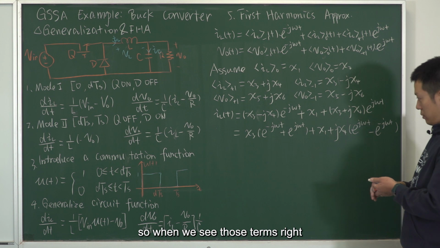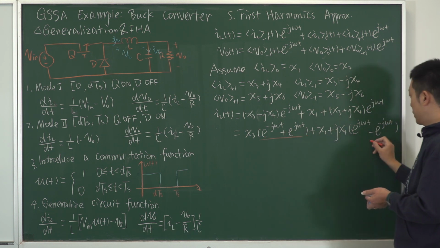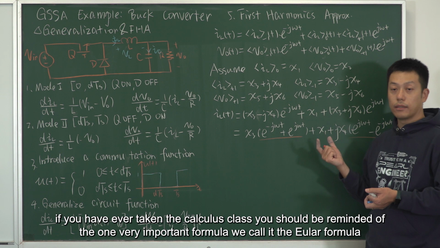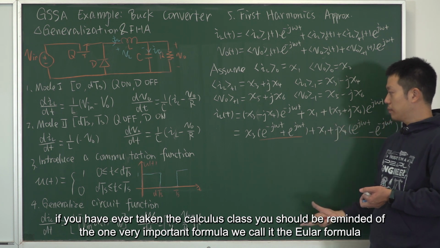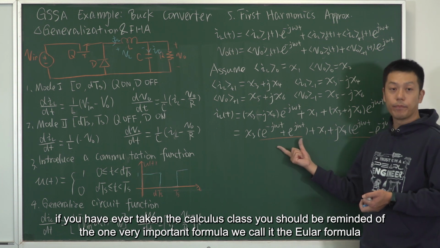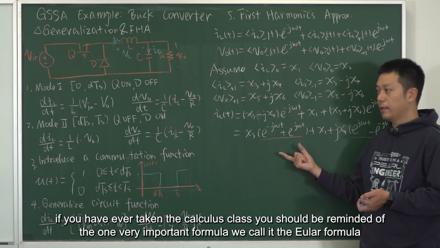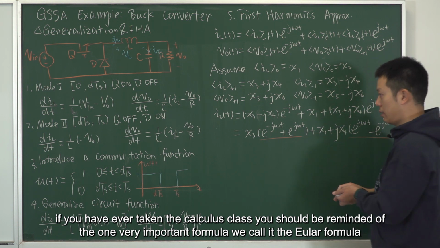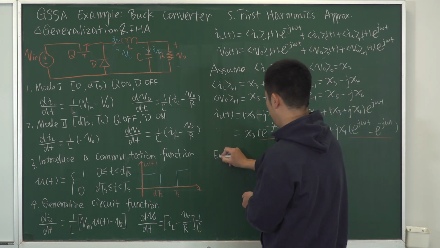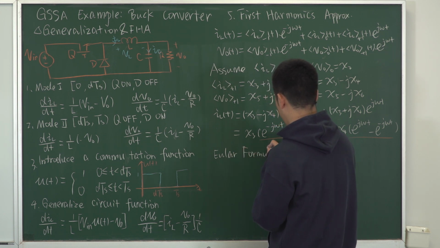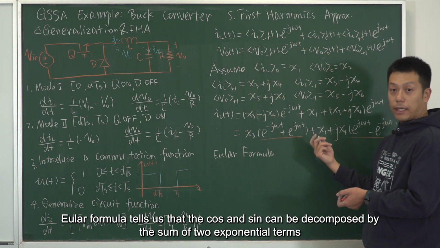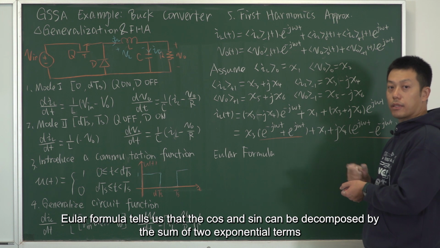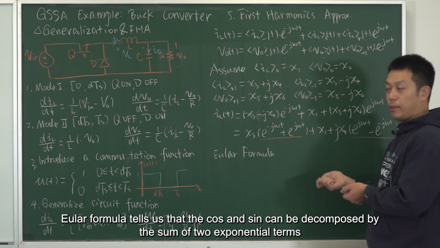So when we see those terms, if you have ever taken a calculus class, you should be reminded of one very important formula. We call it the Euler formula, right? Euler formula tells us that the cosine and the sine can be decomposed into the sum of two exponential terms.